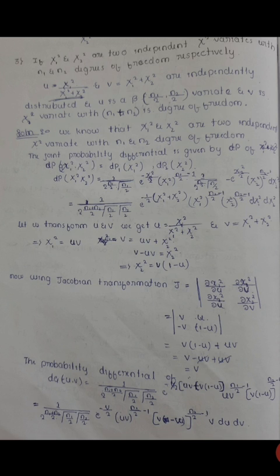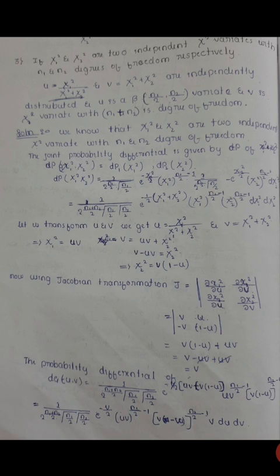Now let us transform to u and φ. We get u = χ1²/(χ1² + χ2²), and φ = χ1² + χ2², as already given in the statement.